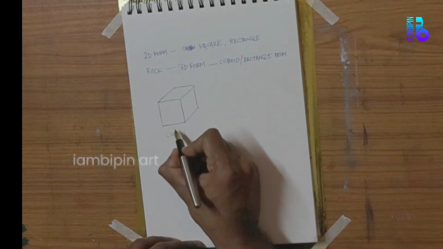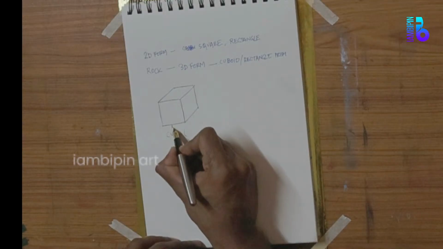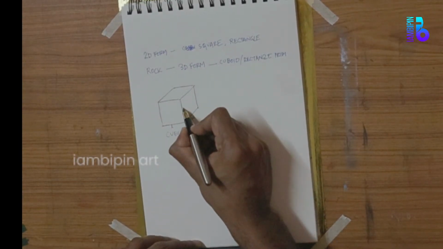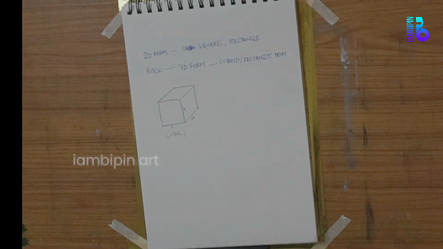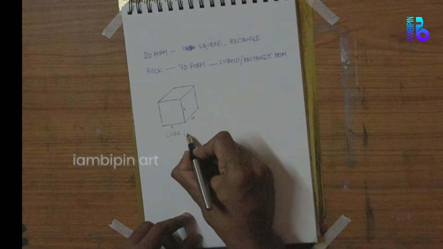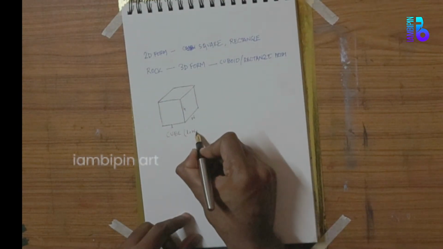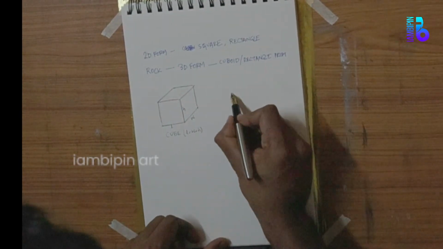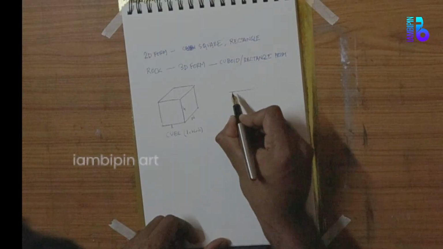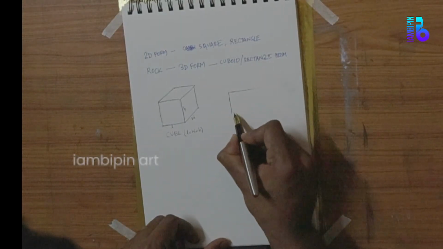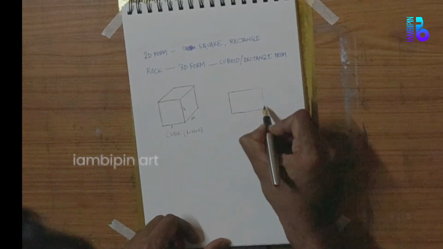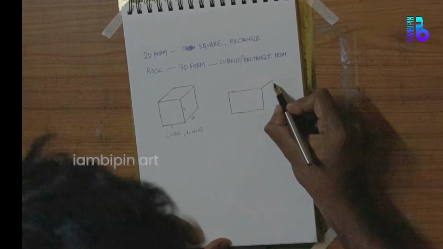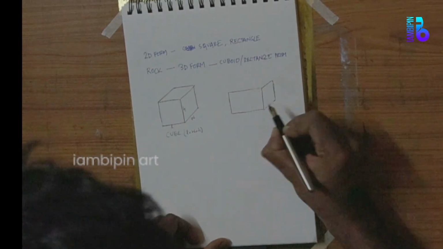Here, this is the length, this is the width, and this is the height. So here, length equals width equals height. And for a cuboid, everything will be different.